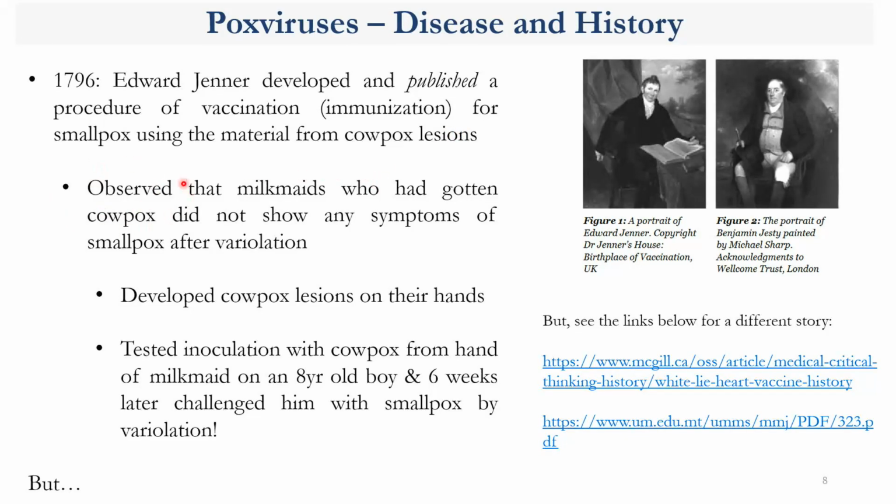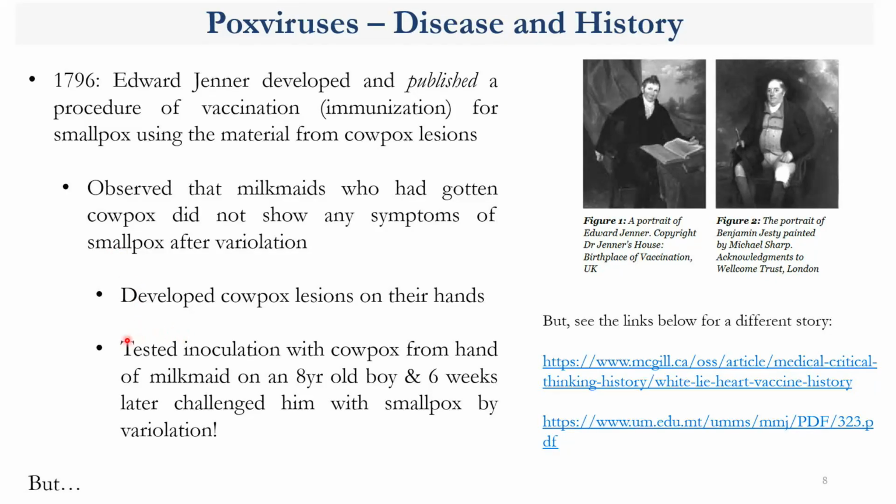Because initially they observed that milkmaids who had gotten cowpox did not show any symptoms of smallpox after variolation. So people who are working with cows develop these lesions on their hands, for example, for cowpox. But if they were then subsequently exposed to smallpox, they did not develop the disease.